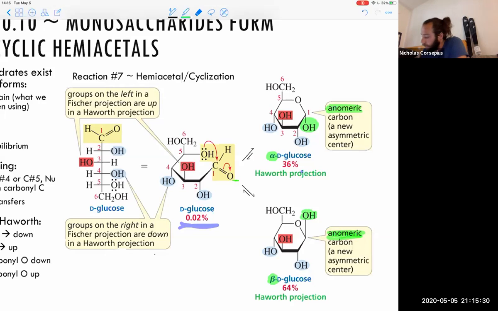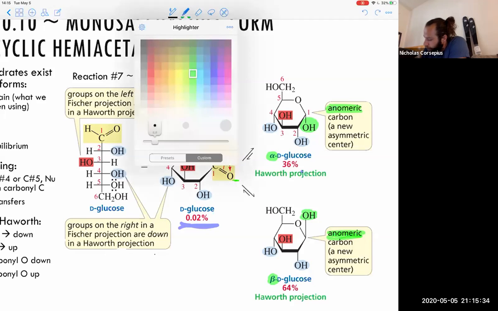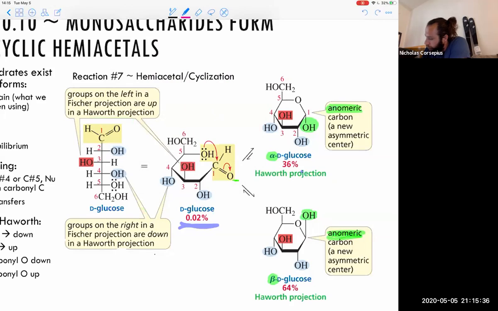Again, your anomeric carbon, I'll be better about coloring this. Let's make this guy pink. Here is your anomeric carbon, formerly known as that carbonyl carbon.